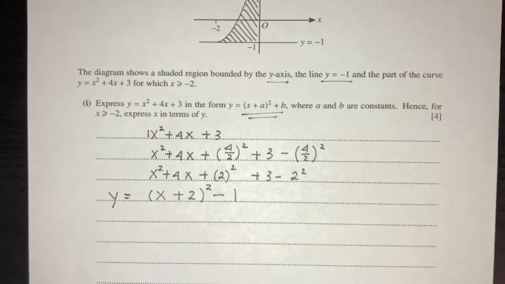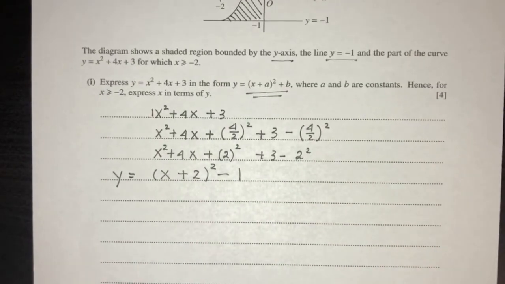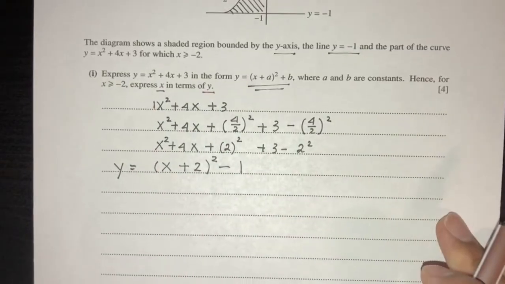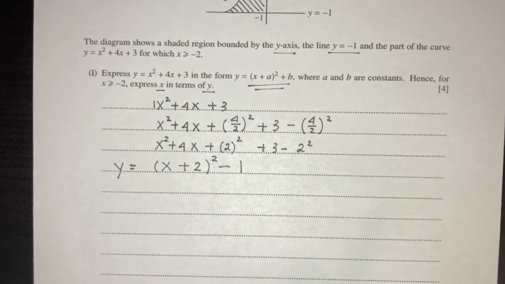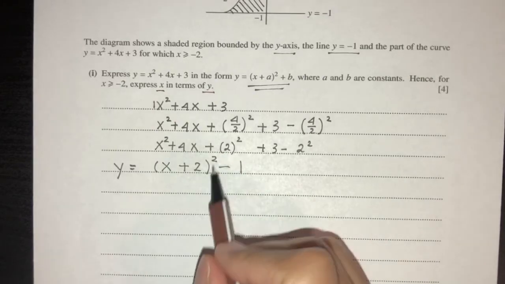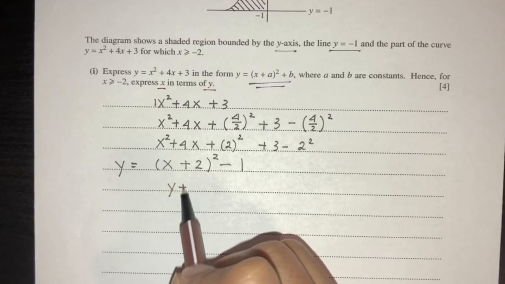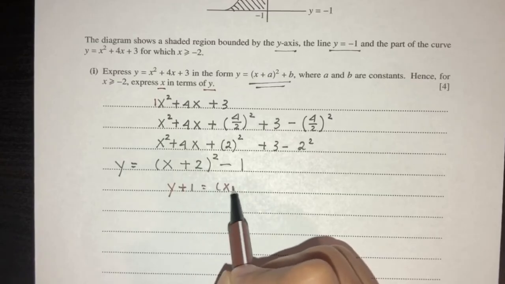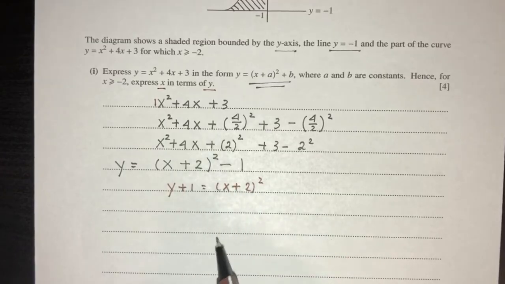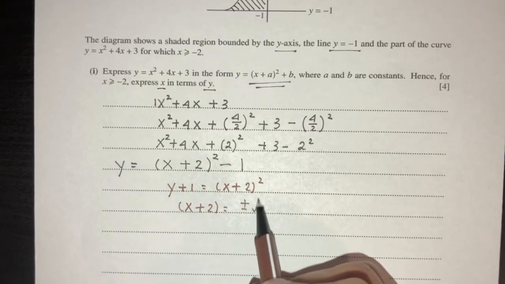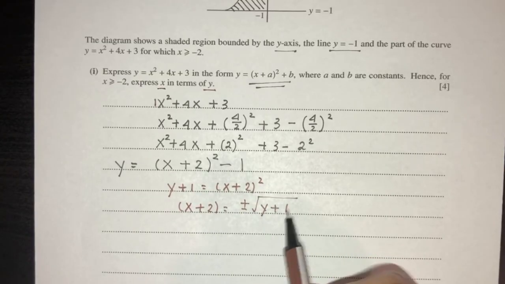Now the next step is we have to express x in terms of y. So we have to make x the subject of the formula. First step is to send 1 over here. You will have 1 plus y equal to (x plus 2) squared. Now x plus 2 is equal to plus minus square root of y plus 1.